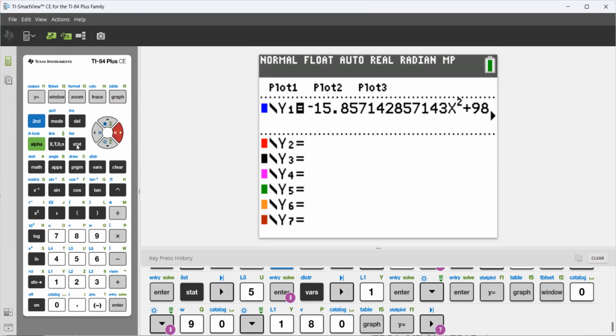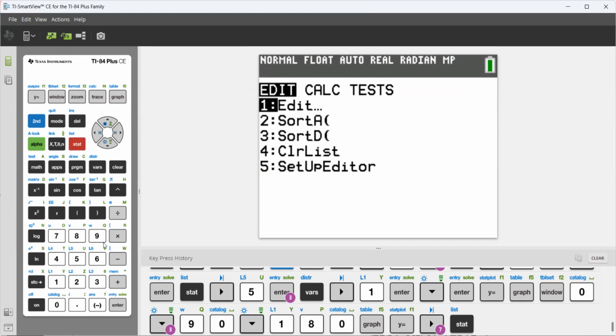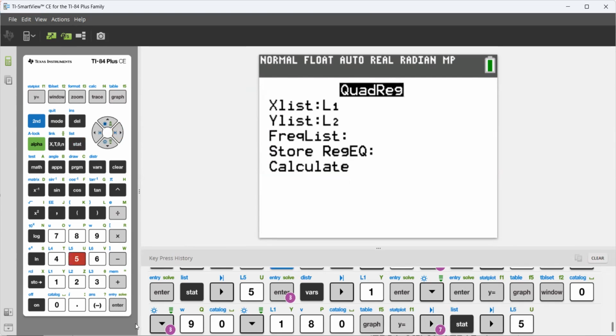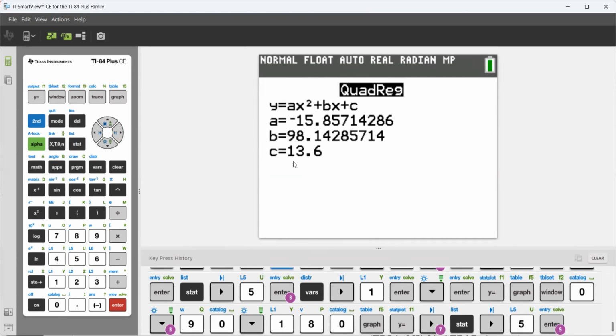Now, going back to the regression equation, calculate, 5, or scroll down to quadratic regression, enter, enter, enter. This time I'm not going to store. Now, my A is right there, 2 decimal places. B is right there, C is right there, and then you put it in. Okay, you put it in, and you know that you have what you need at this point.